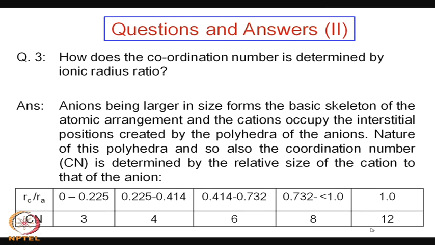Okay. So, that is the situation, and that is why the cation to anion ratio is so important for the determination or consideration of crystal structures.